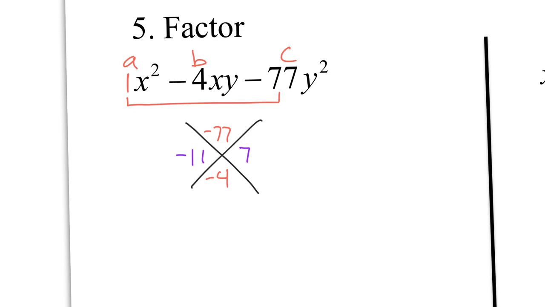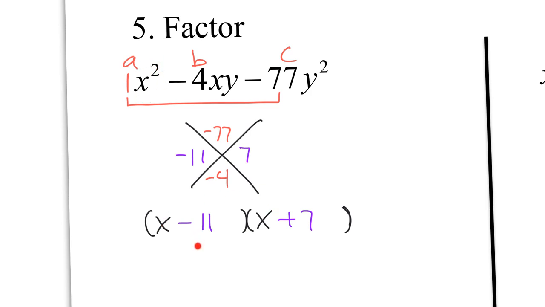Now, you guys are going to put your two binomials here, and you guys will have your ax, so a is 1x, so 1x here, 1x over here. And you guys bring down the minus 11, and you guys bring down the plus 7. Now, you guys are going to use the y squared. Think about this, guys. If you multiply x times x, that's going to be x squared, 1x squared.